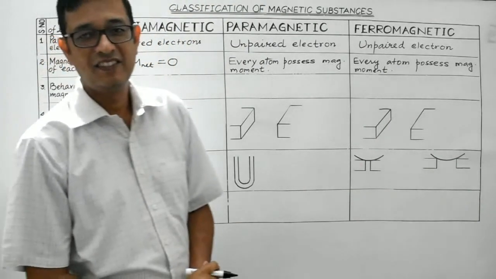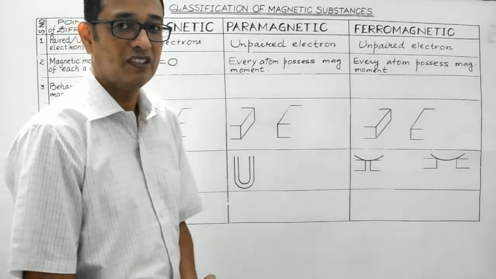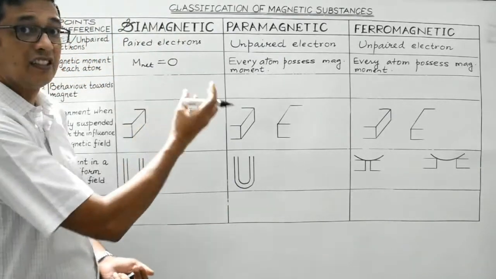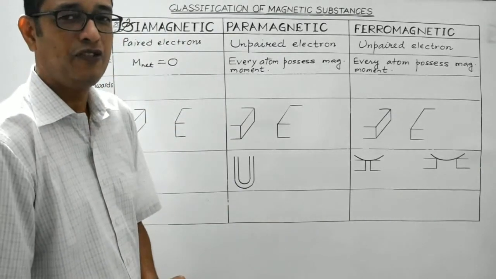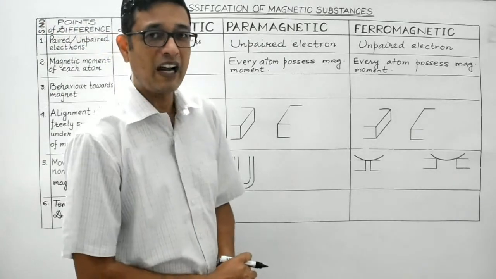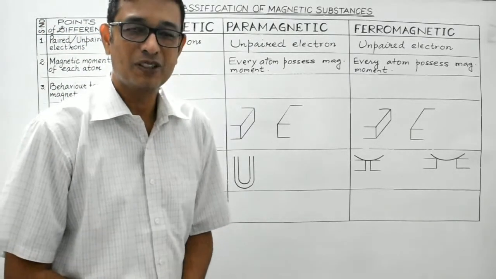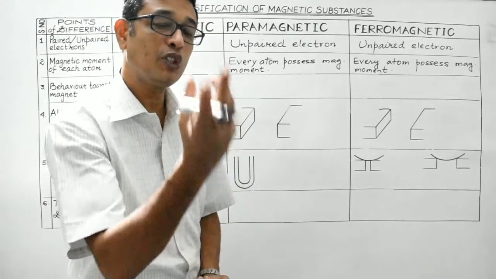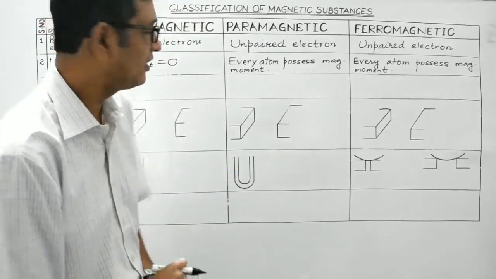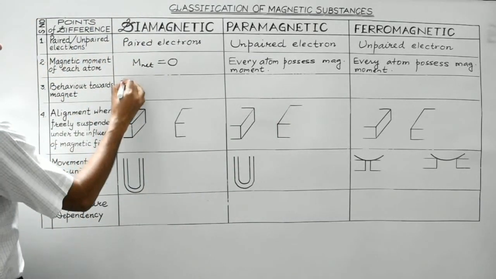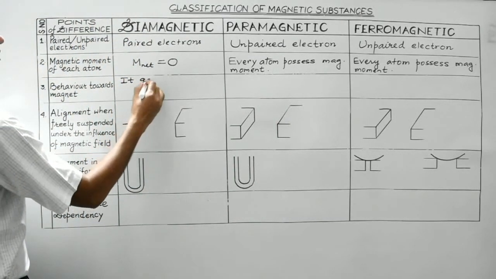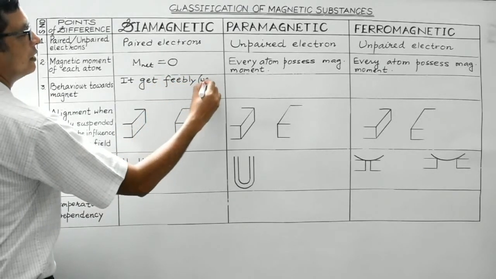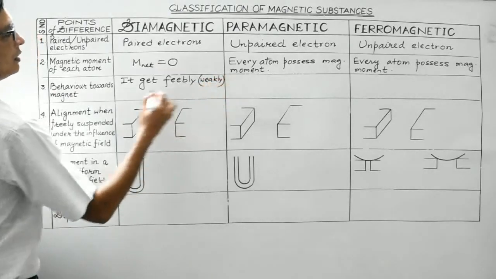Towards a magnet. Now when a diamagnetic substance is brought near a magnet, then it is found that it is weakly repelled by a magnet. Weakly or feebly repelled by a magnet. It is because of the fact that a diamagnetic substance gets feebly magnetized in a direction opposite to that of the magnetizing field, isn't it? So, diamagnetic substance, it gets feebly, means weakly, repelled by a magnet.